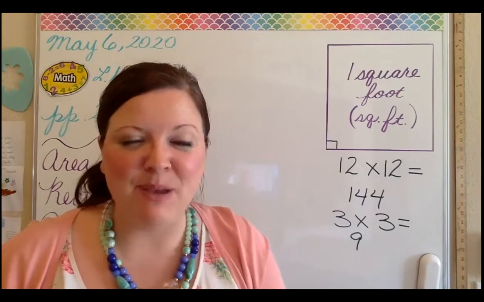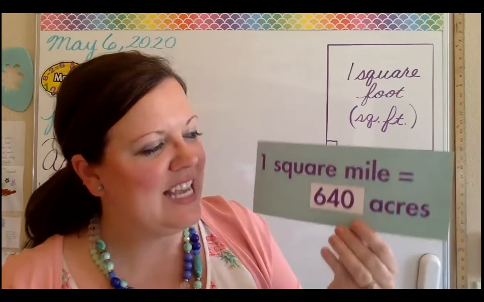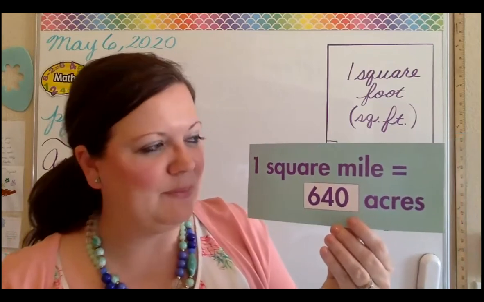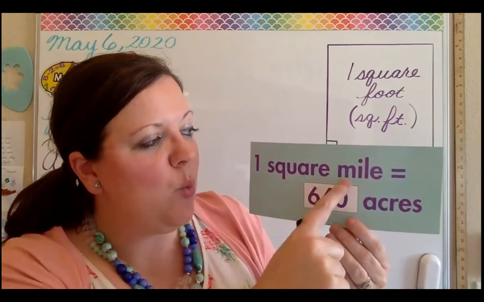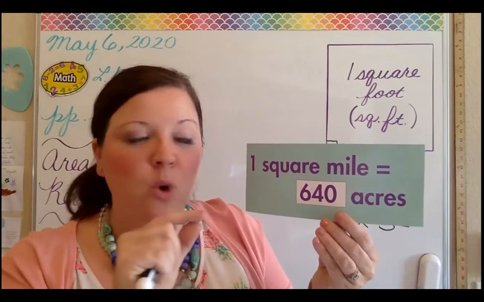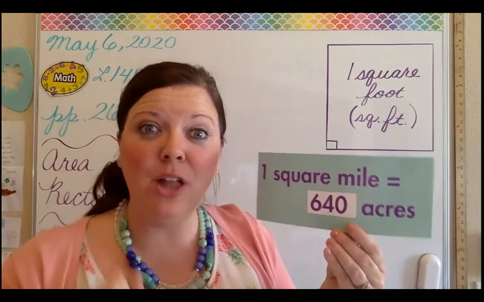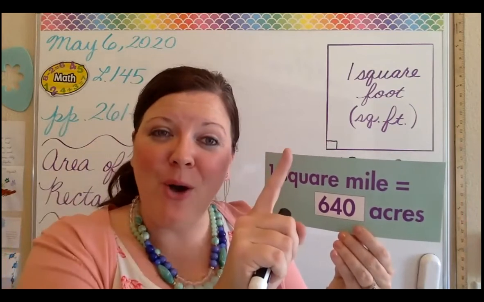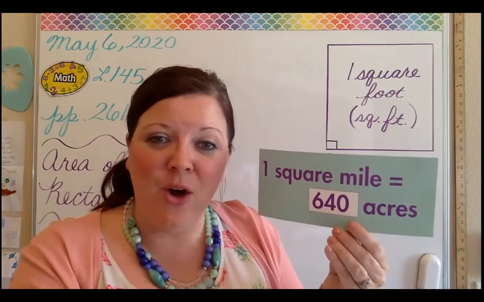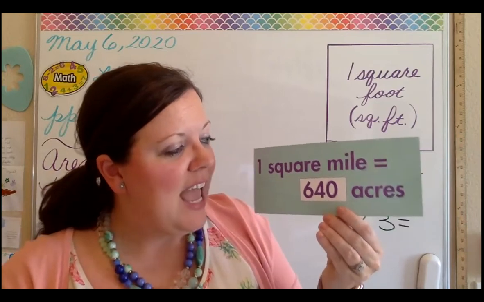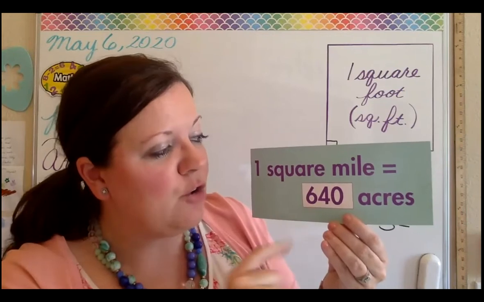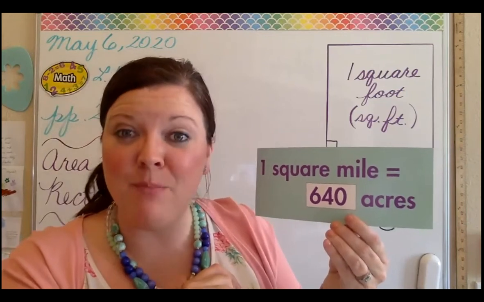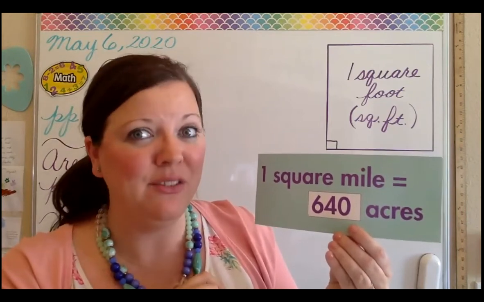This is our last special number for today. 640. In 1 square mile, that's if we were to measure 1 mile up, 1 mile over, 1 mile down, and 1 mile across, it would take 640 acres to make 1 square mile of land.